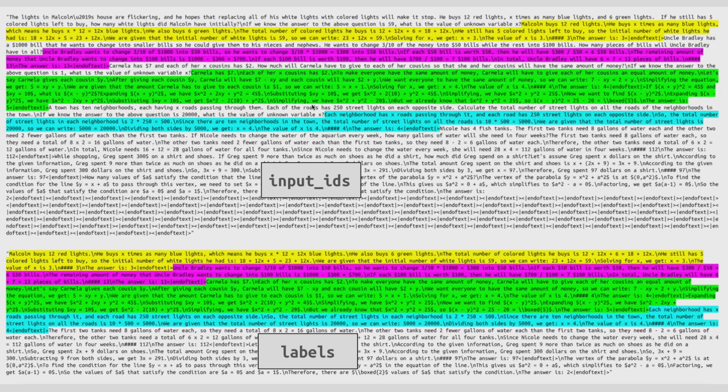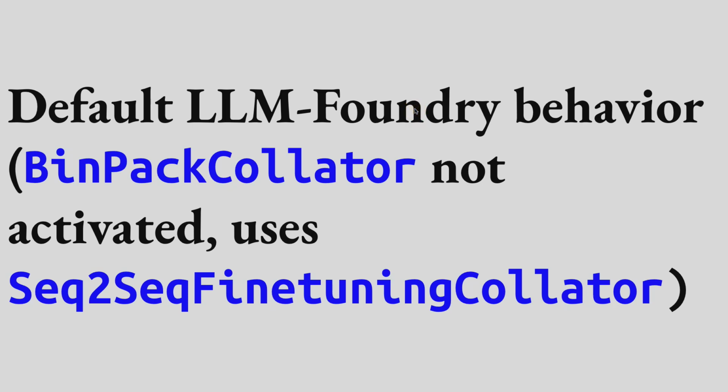The blue is the fourth item, and so on until we get 8 items in this batch item. So that's just another visual to look at how we have multiple sequences packed in together. And if it's handling this 8-pack of sequences as a single sequence, we're going to have contamination across the boundaries of the sequences. Okay, so that's when using BinPackCollator.